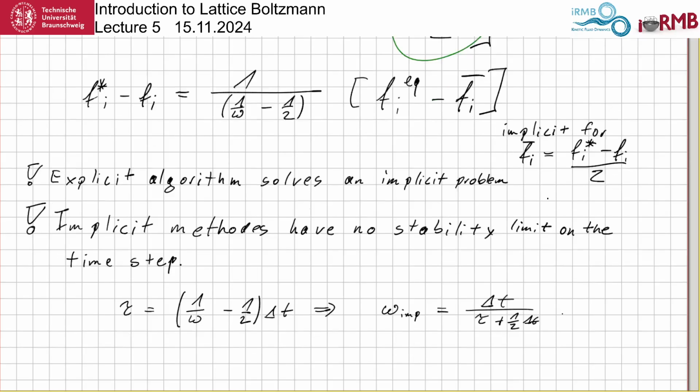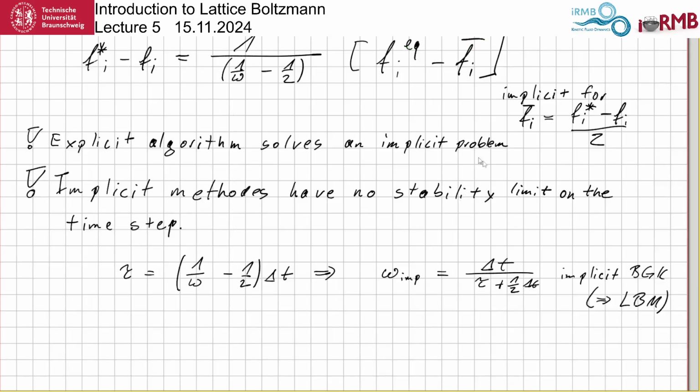And this is like an implicit BGK. So this is what we are using in LBM, but we come to this later.